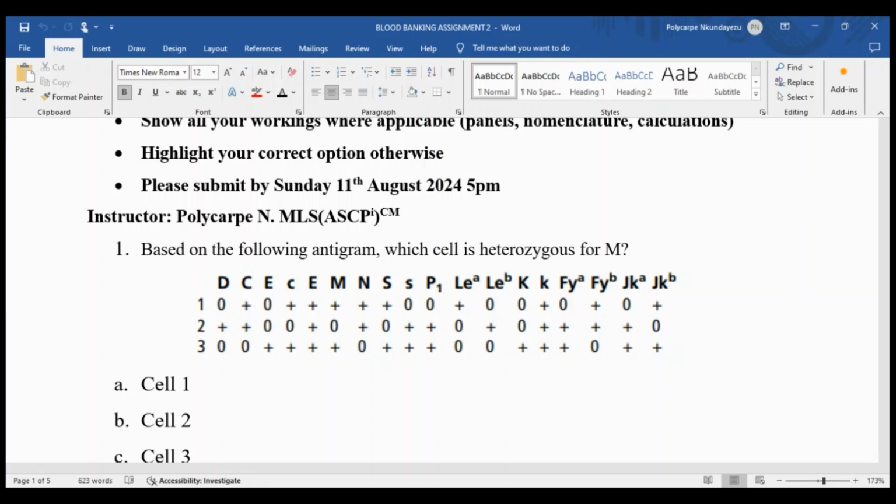So which cell is heterozygous for M in this antigram, this small screening cell panel? Which one is heterozygous for M antigen?